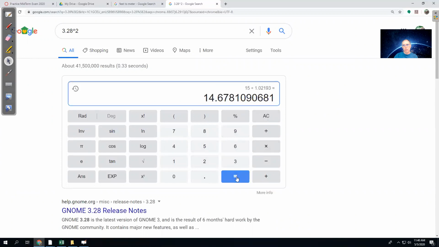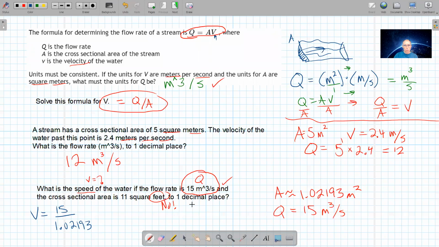And I get 14.678. And I was probably given specific instructions on how to round, 1 decimal place. So 14.678, that'd be 14.7-ish. So this answer here should be about 14.7, and the units should be meters per second.